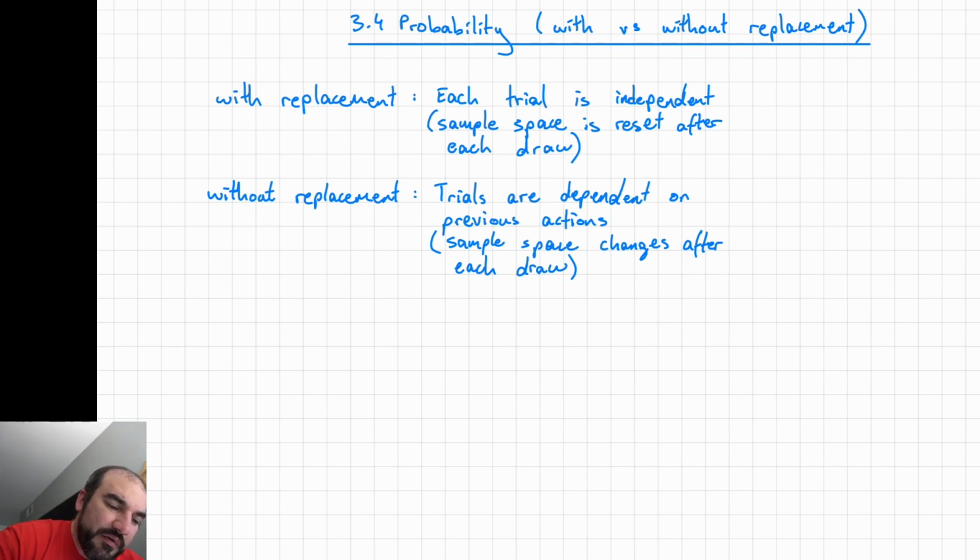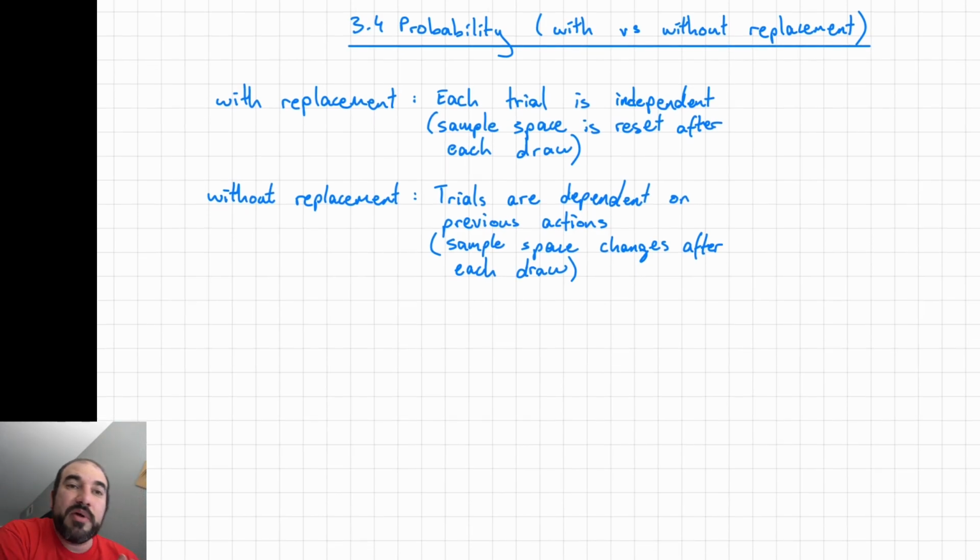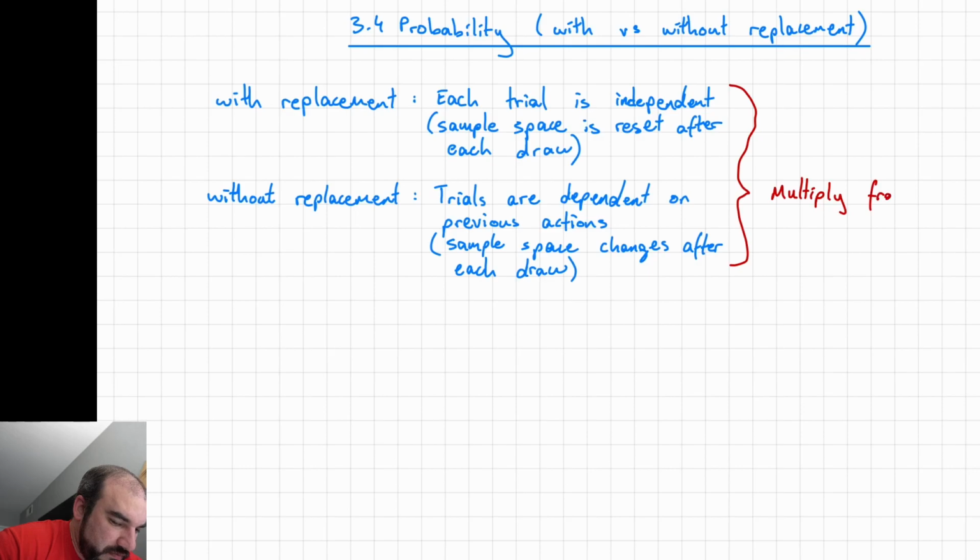The whole idea of manipulating the sample space, whether you're resetting it after each draw or altering the sample space after each draw, is going to be the best way to tackle these types of problems. And what we're going to want to do is we're still going to multiply fractions for each probability.